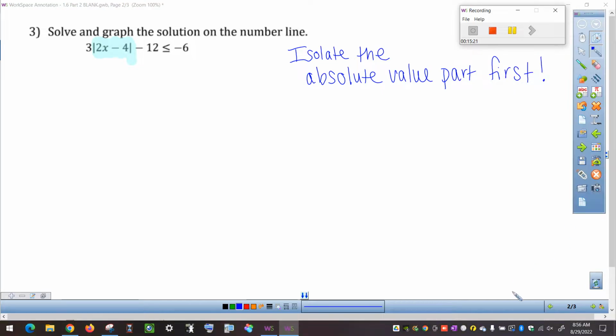All right, so in order to get that blue thing all by itself, we always want to deal with any addition and subtraction on the very end. We want to deal with that first, just as we would if we were solving a normal equation to get x by itself. Here we just want to get the absolute value part by itself. So let's go ahead and start by adding 12 to both sides.